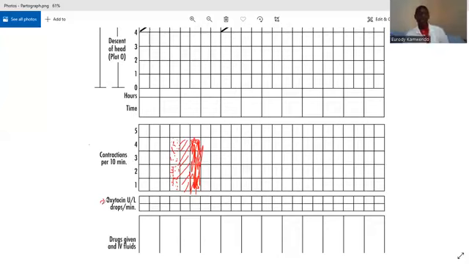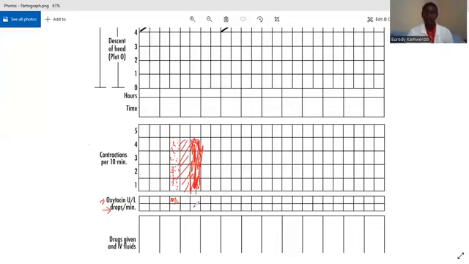If in labor you have given oxytocin, you need to record the oxytocin as well as the drops in 1 minute. So if your oxytocin given is 10 international units, you write 10 here and you put a stroke per liter. It means that you have put 10 international units of oxytocin in 1 liter of fluids.